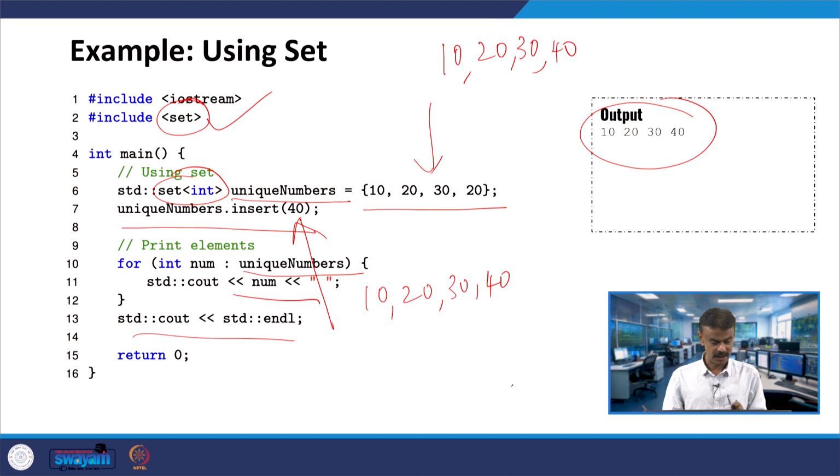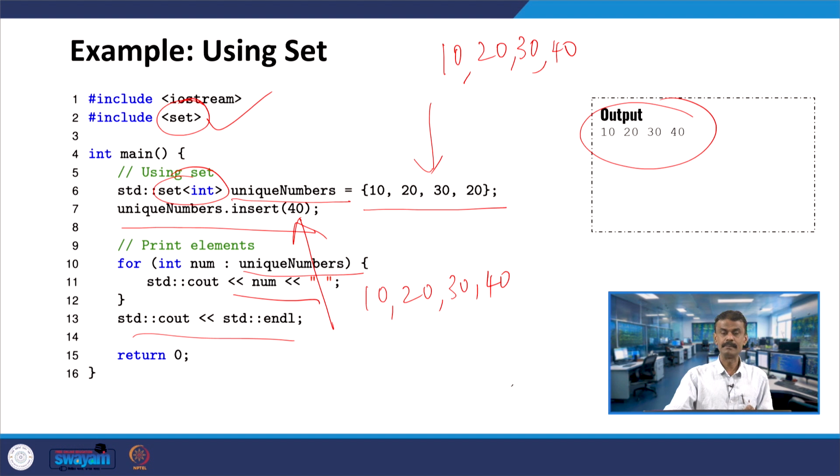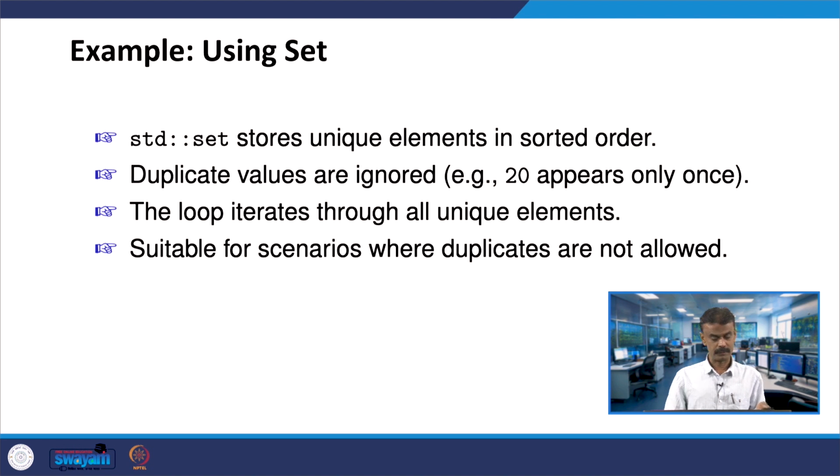We had seen several STL containers and set is one of them. Anyway, I have given the detailed explanation. The set stores unique elements in ascending order, and the duplicate will be ignored because 20 appears 2 times, at the first and third index. So it is ignored and the loop iterates over all unique elements.